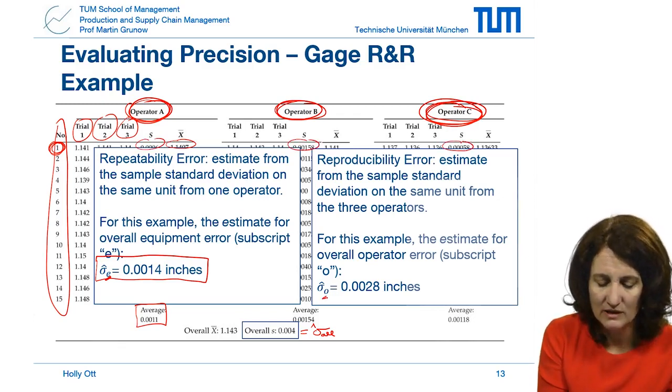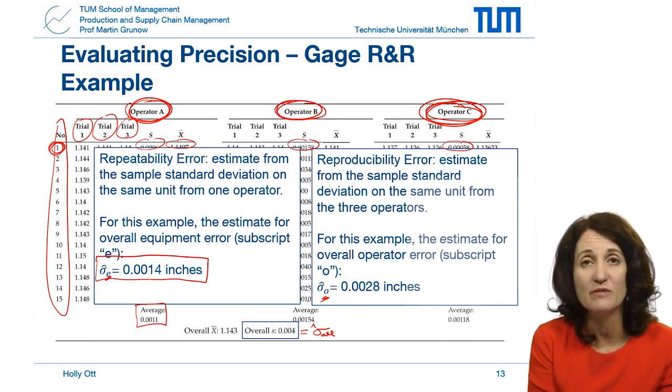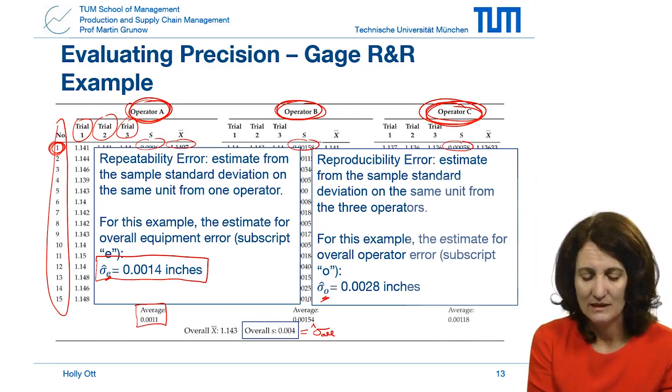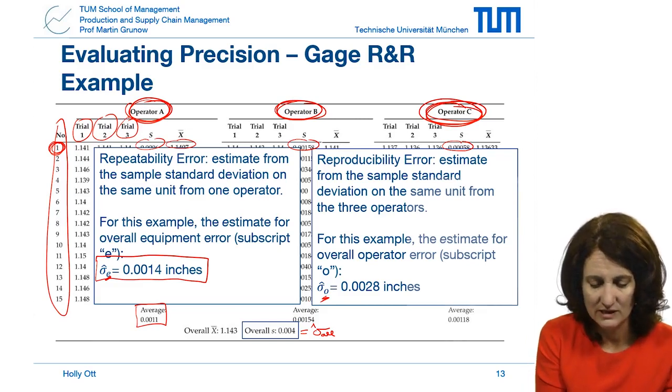And we can compile those to get an estimate of the overall variation for the operator error, so sigma sub O, and in this case it's 0.0028 inches.